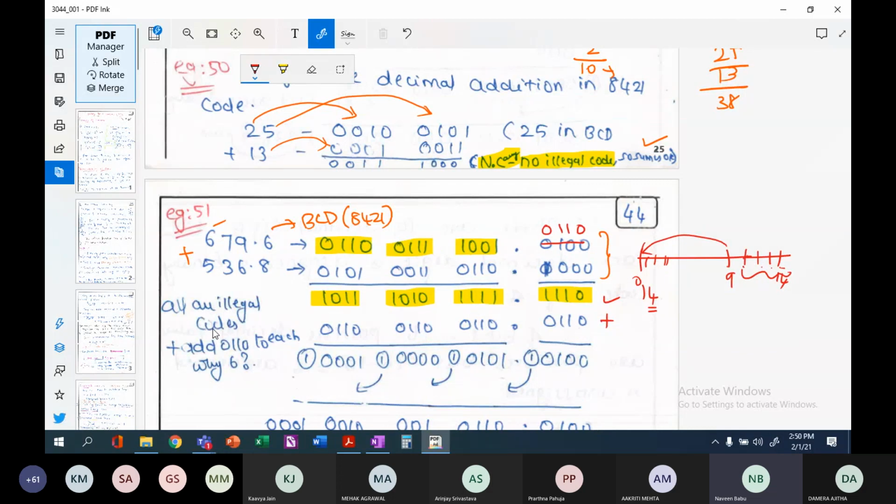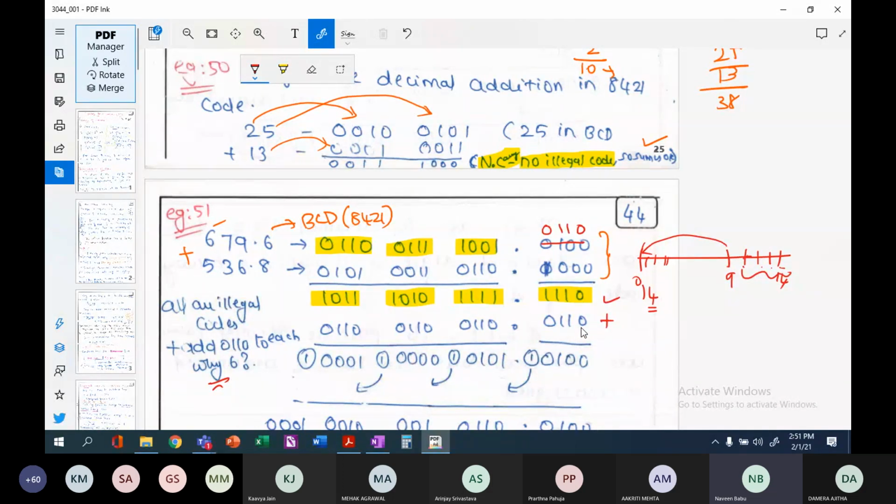So all are illegal codes here; add 6 to each of these numbers. Why 6? Because you have only 10 decimal values, and after that 6 codes are invalid. So we have to bring this sum inside the valid BCD codes. That is why we are adding 6.